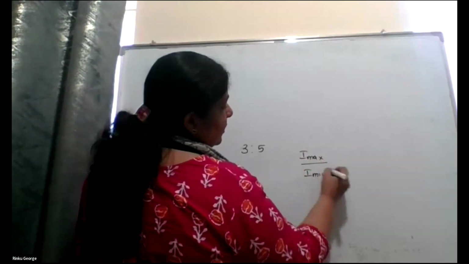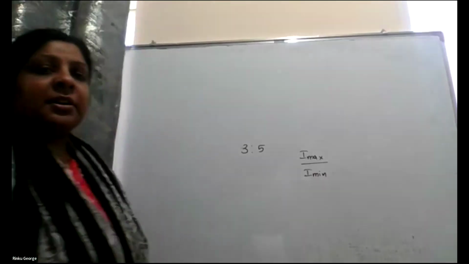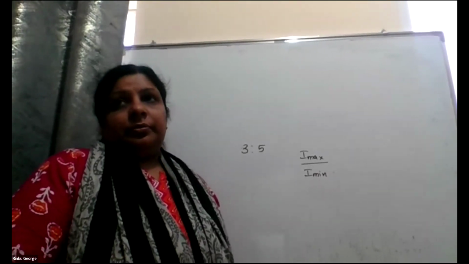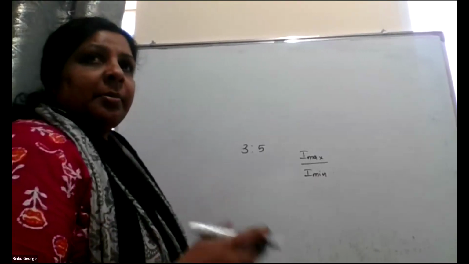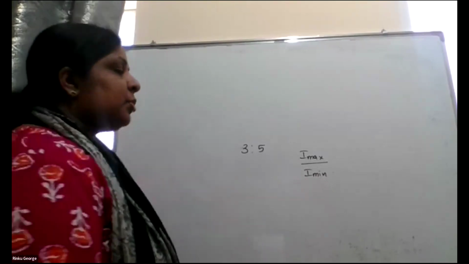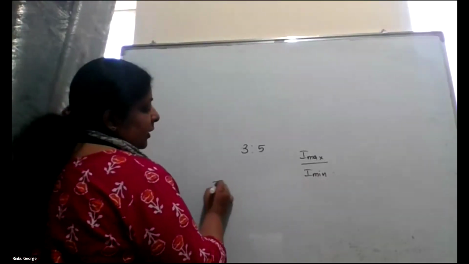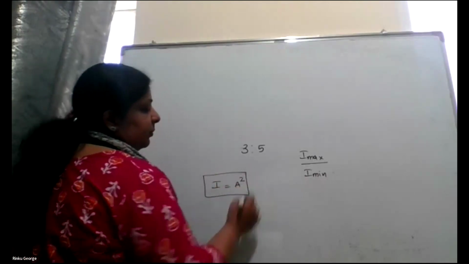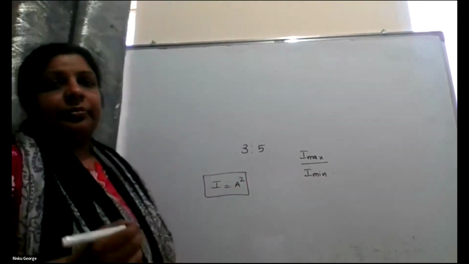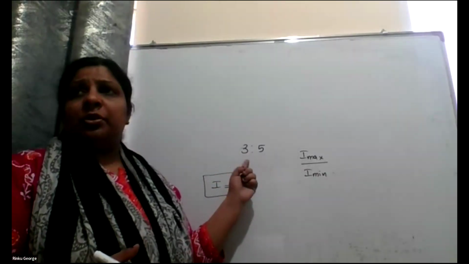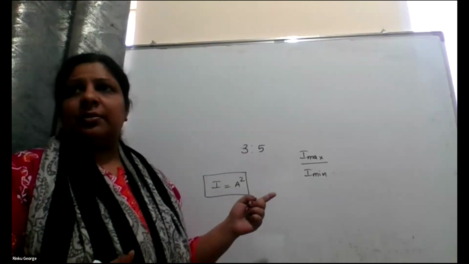I will explain what it is. I max means intensity maximum, I min is intensity minimum. For doing this, you should know one formula: intensity is equal to amplitude square. So if you know the ratio of amplitudes, you can find the ratio of intensities.